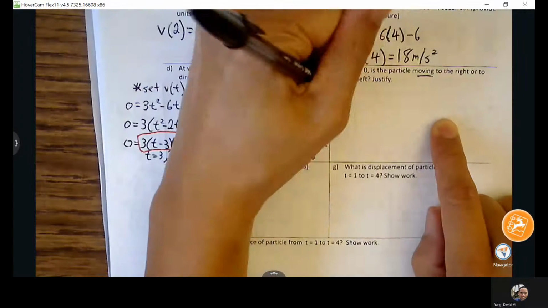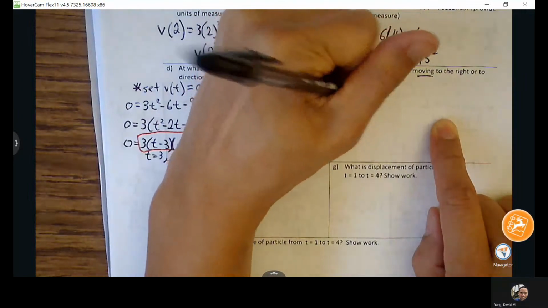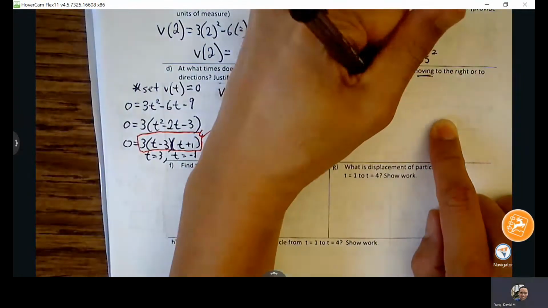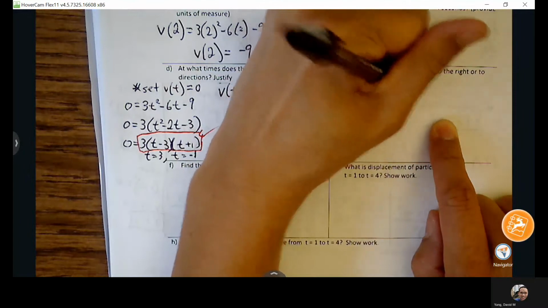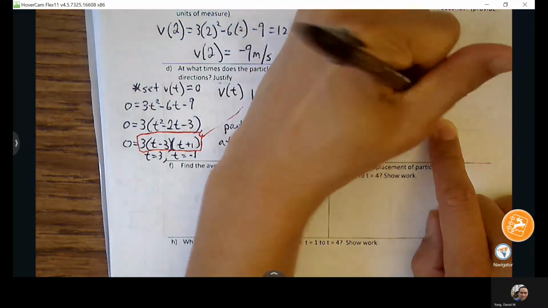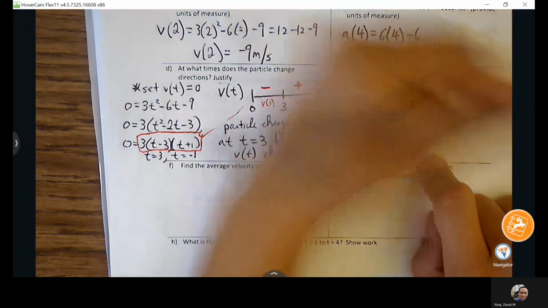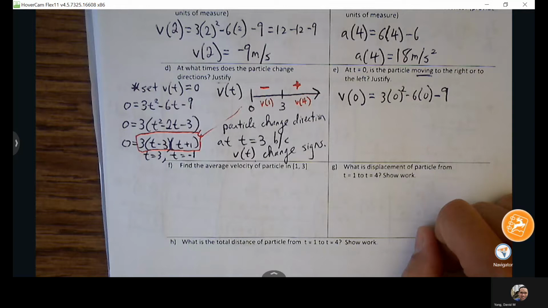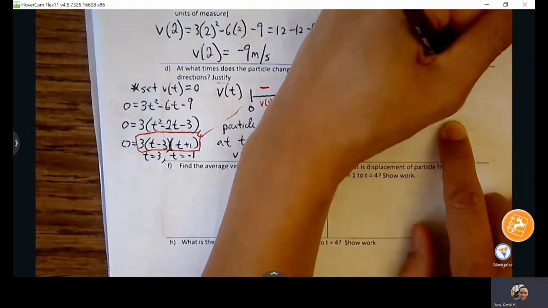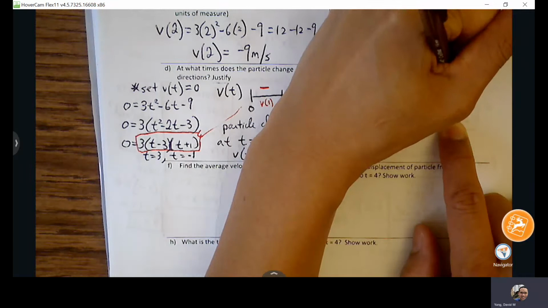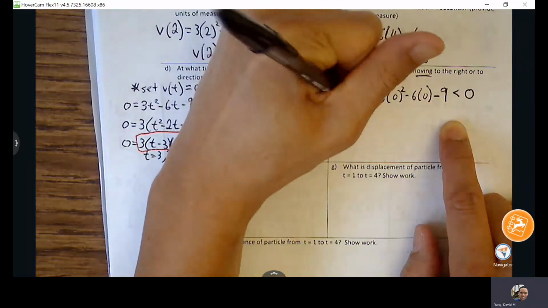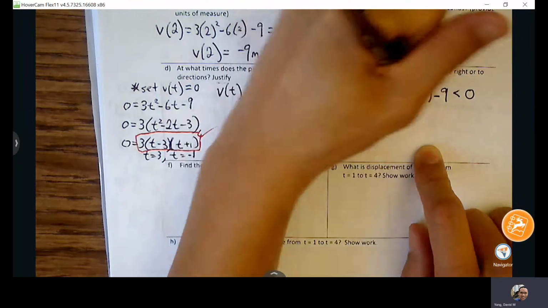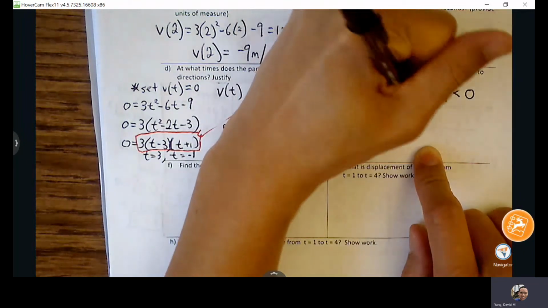So find v of 0. That's -9, which is less than 0. So since v of 0 is less than 0, the particle moves left.